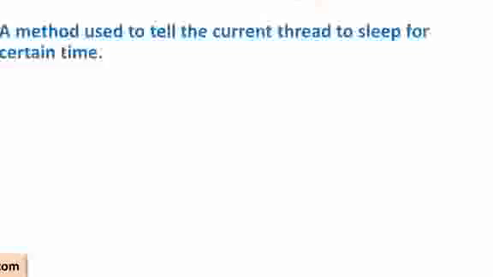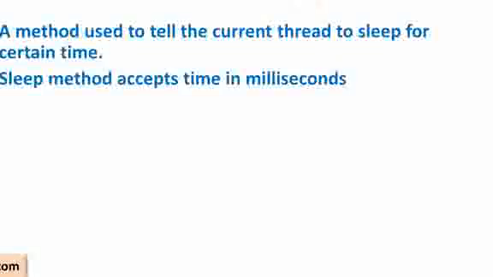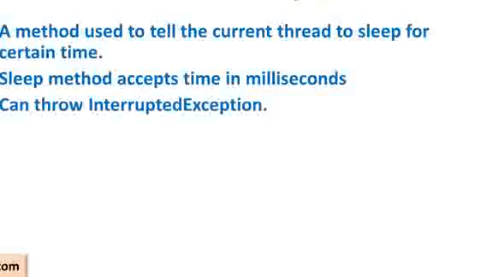The sleep method in Thread tells that the currently executing thread should go to sleep for the specified amount of time. Remember that sleep accepts time in milliseconds. It can throw an InterruptedException, so you need to surround the sleep statement in a try catch block.